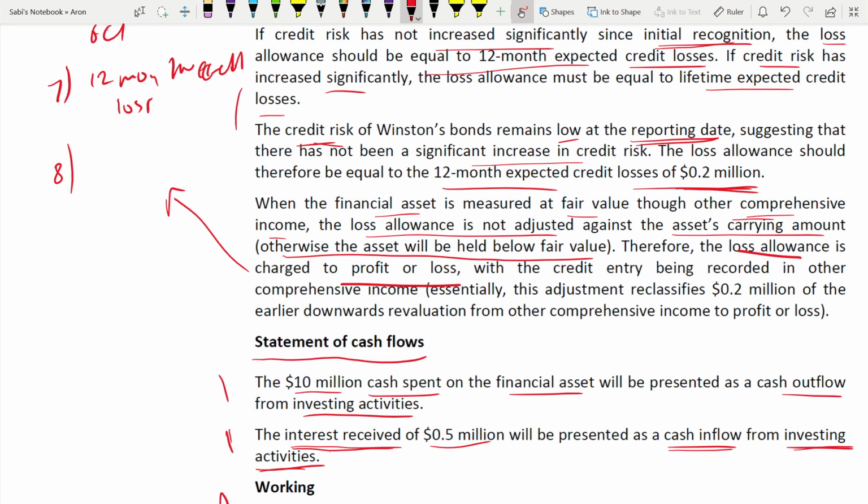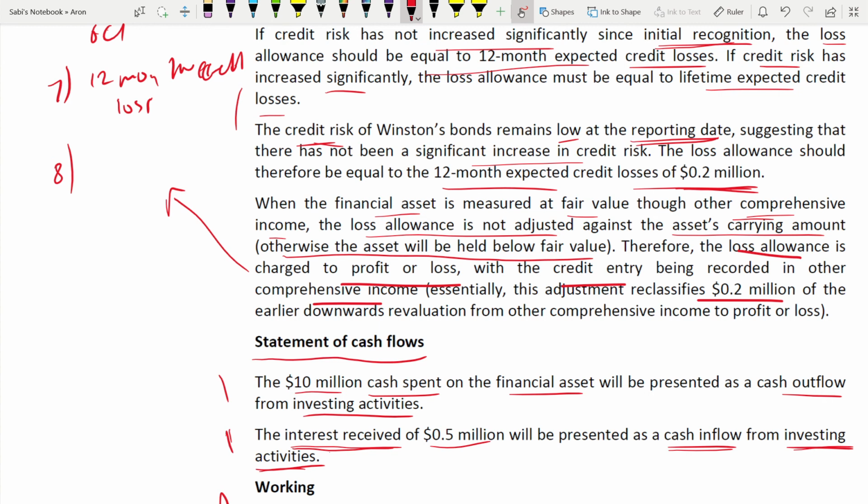With the credit entry being recorded in other comprehensive income. If it is debited in profit and loss, somewhere it has to be credited. Essentially, this adjustment reclassifies 0.2 of the earlier downward revaluation from other comprehensive income to profit and loss.